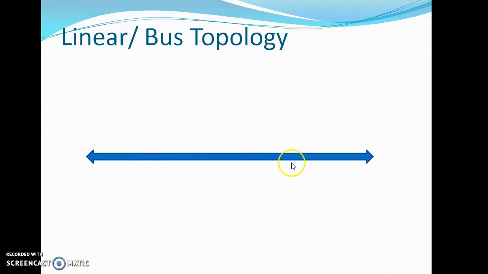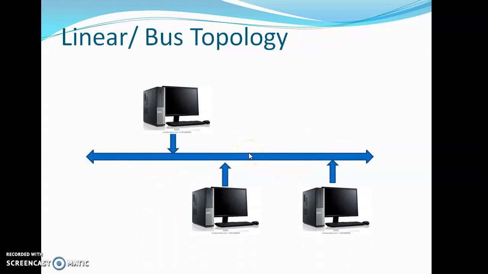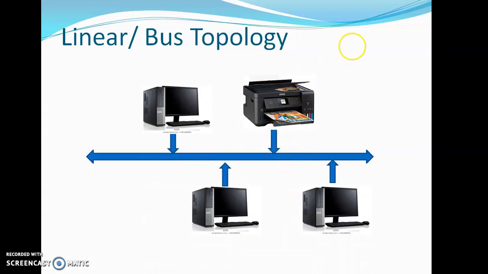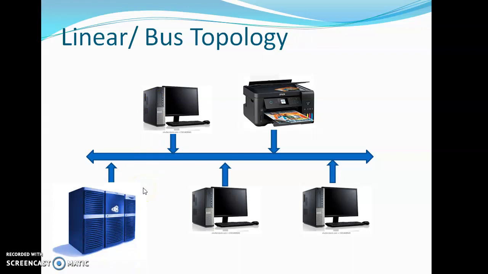Now, to this wire, we will be connecting all these different devices. For example, your personal computer within a local area network. You can even have a printer, which will be shared by each and every one of these devices. Other than that, you can even have a server here. You can consider this server as a sort of CPU, but a very powerful CPU, dedicated to providing services to all the devices connected in a network.